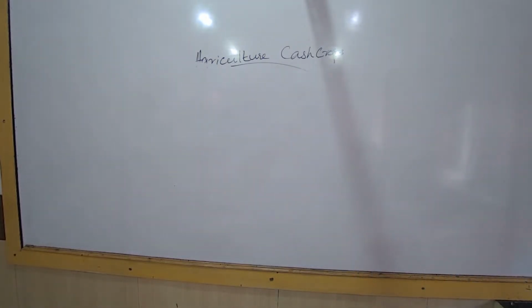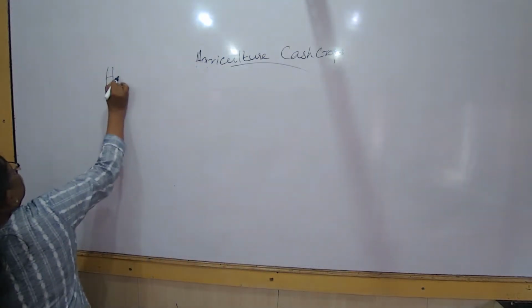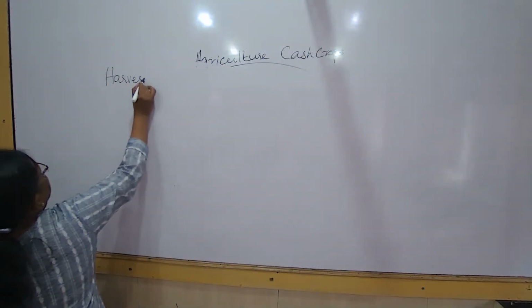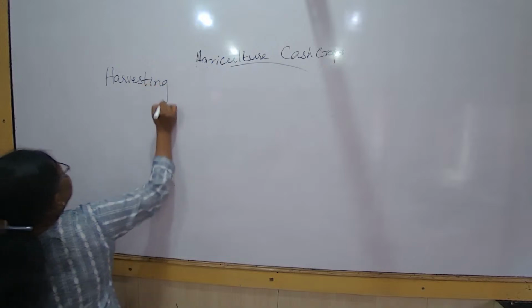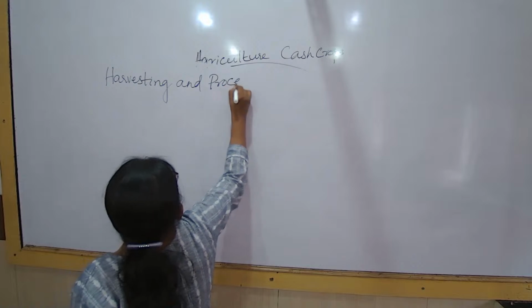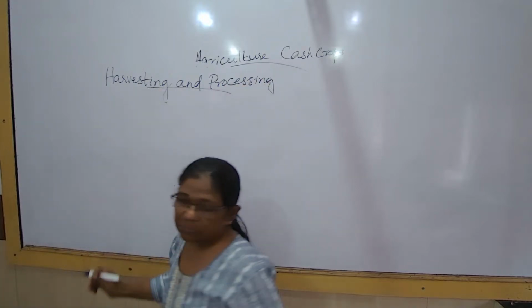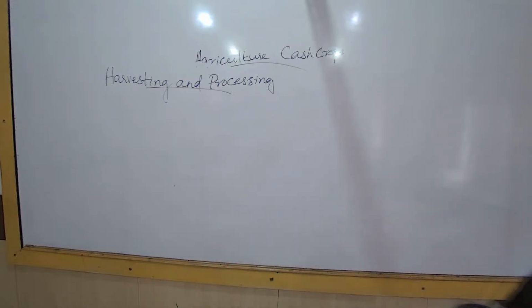Now the next method is harvesting and processing. This is not another method of cultivation.